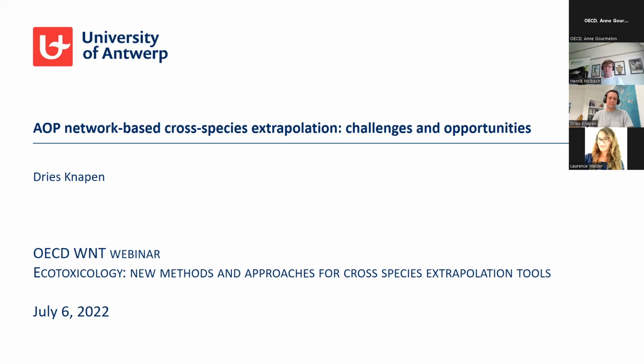So for my presentation, I came up with the title of AOP network-based cross-species extrapolation, challenges and opportunities. And you'll see that we'll have many of both of these two. Next slide, please.